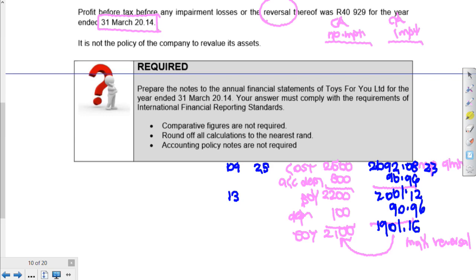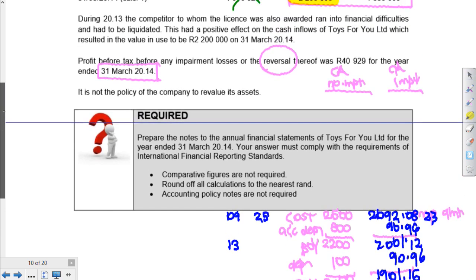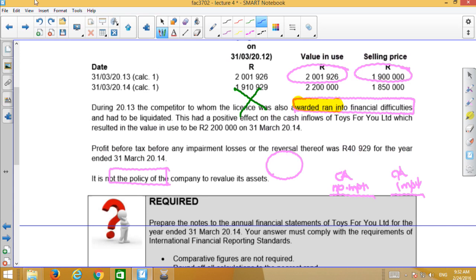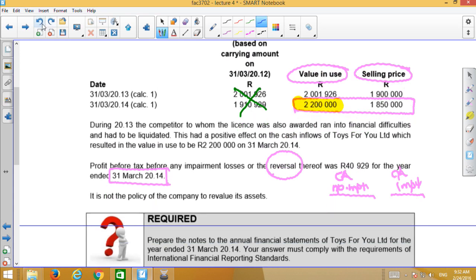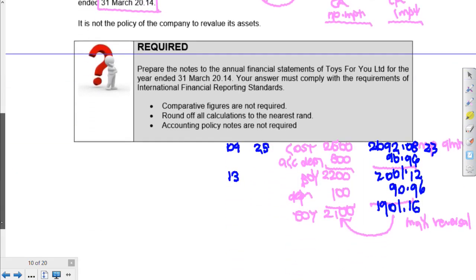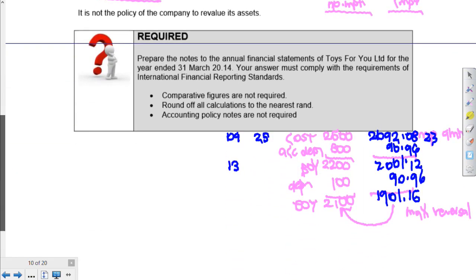Now, we reached that number, 1901, at year end. The new recoverable amount, which I had highlighted there, is 2.2 million. And so the question then arises, should I go back to 2.2 million, or what can I go back to? And the answer is, you can only go back to 2.1.